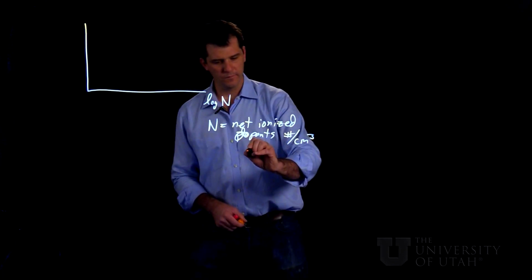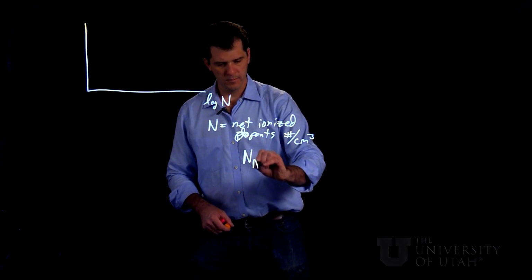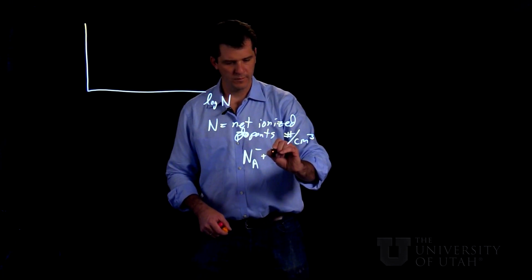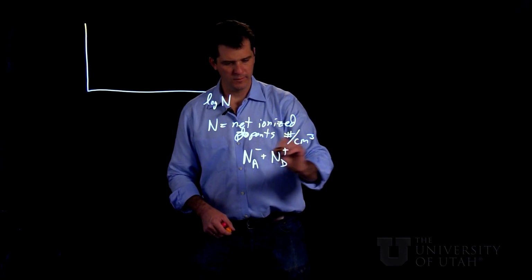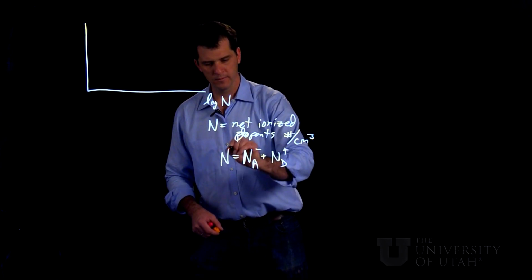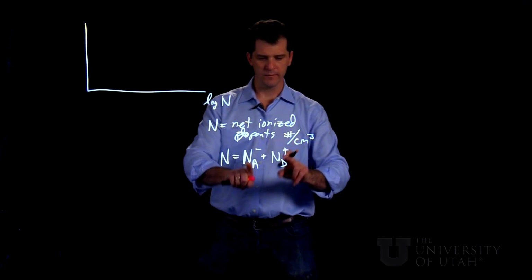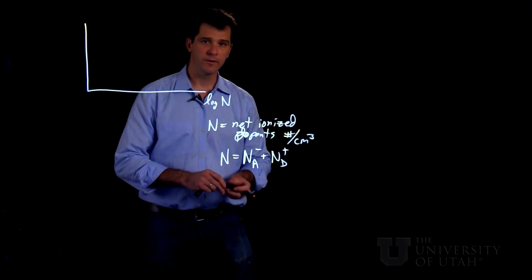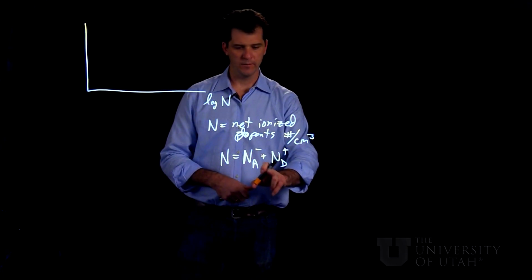So this is actually the sum of Na minus plus Nd plus. And this is important to remember, that both the plus charges and the negative charges that are fixed in the lattice affect how the electron moves.